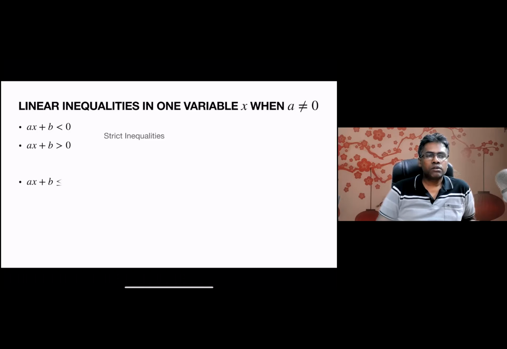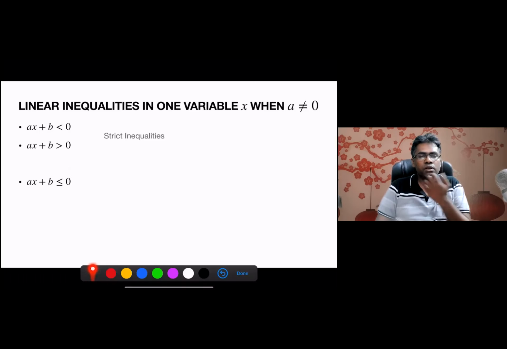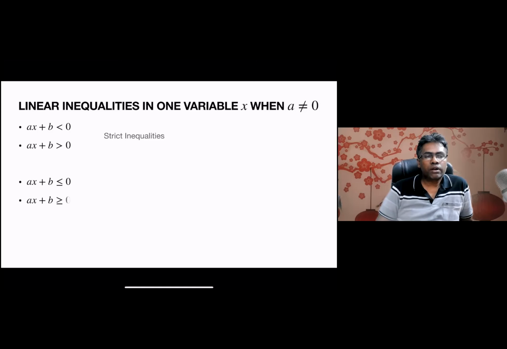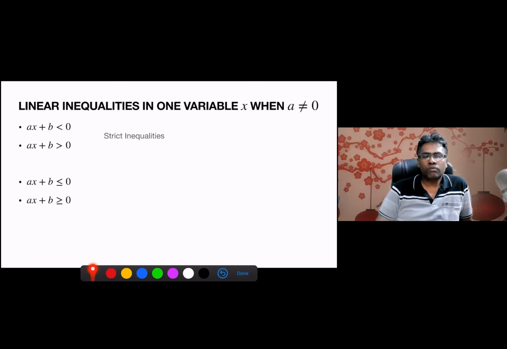And you can also have ax plus b less than or equal to 0, or ax plus b greater than or equal to 0. Do you know what these inequalities are called? Again, not really important, but do you know? I'm not sure about the word, but it's the opposite of strict inequalities.